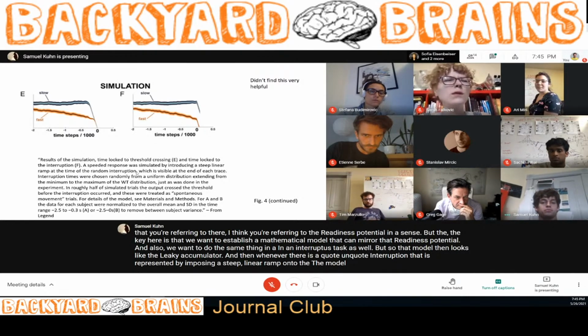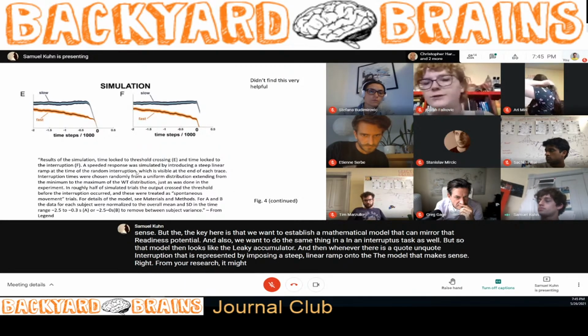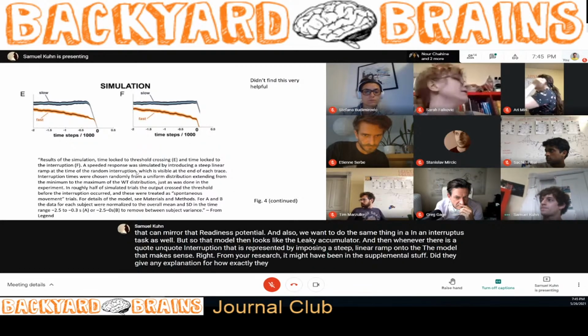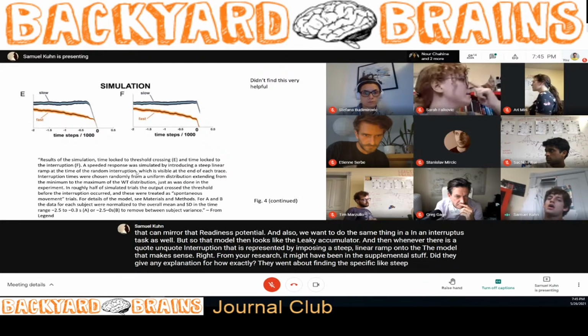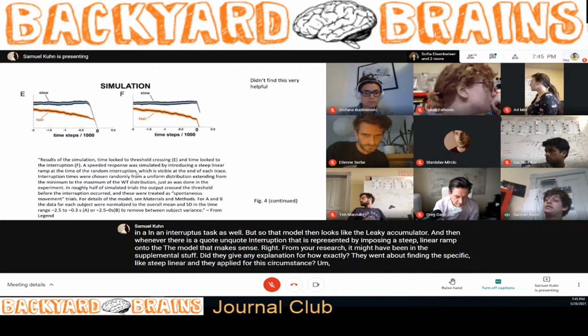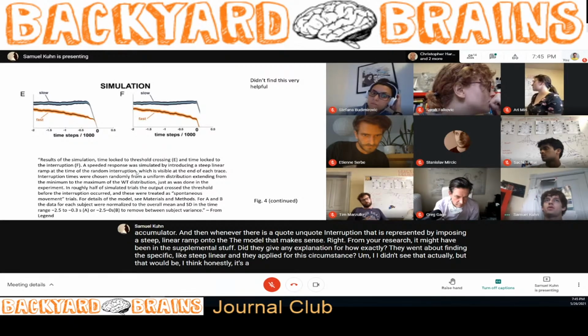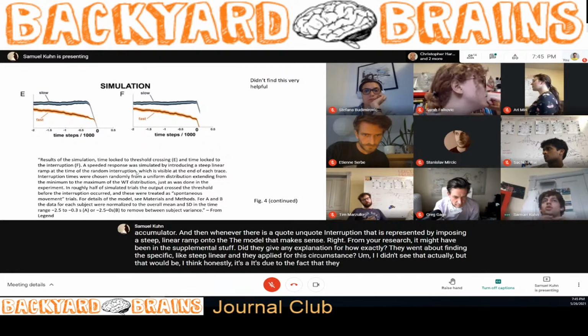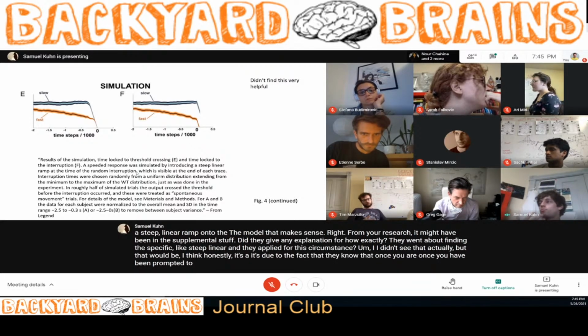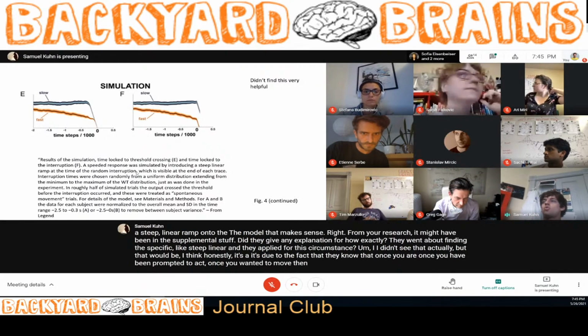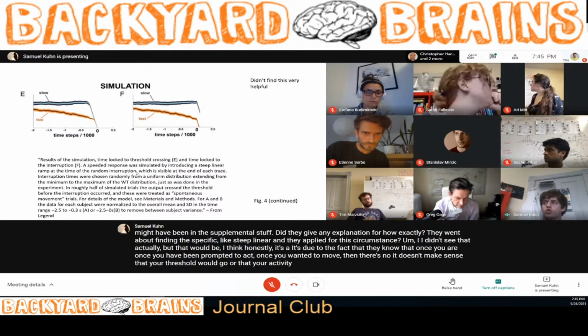I'm just wondering, from your research, it might have been in the supplemental stuff, and I wasn't sure if I found it: did they give any explanation for how exactly they went about finding this specific steep linear ramp that they applied to this circumstance? I didn't see that actually. I think honestly, it's due to the fact that they know that once you've been prompted to move, it doesn't make sense that your activity would go further away from threshold.